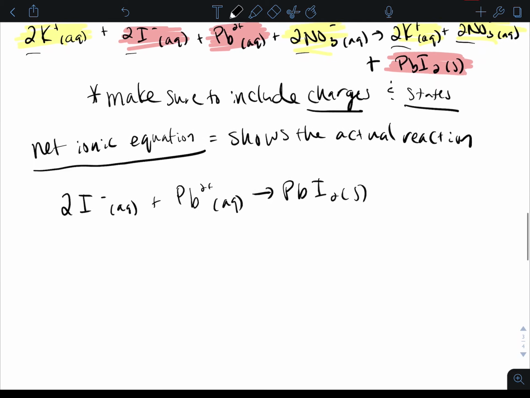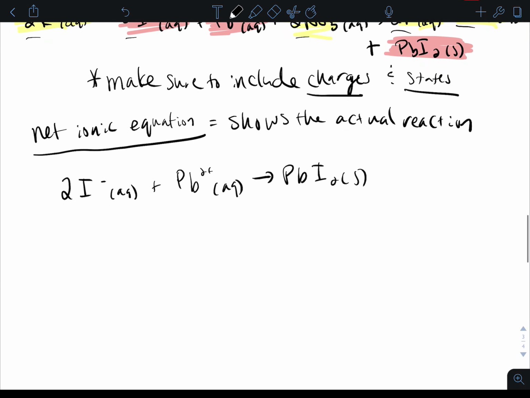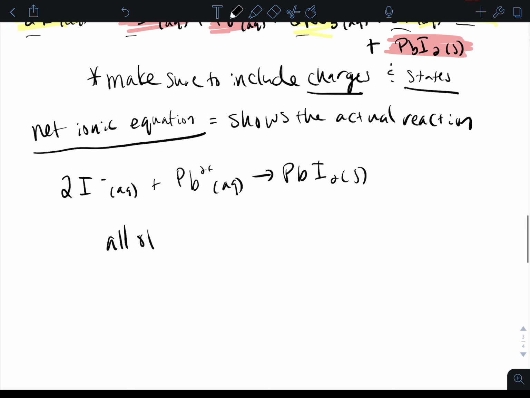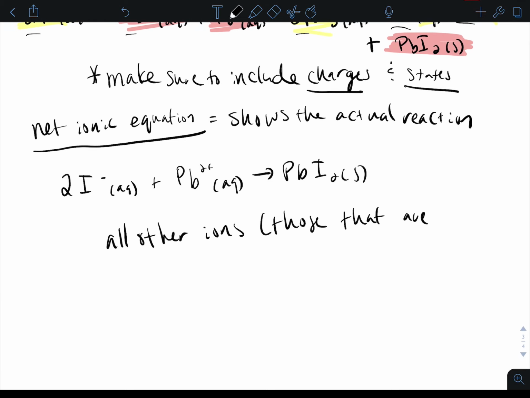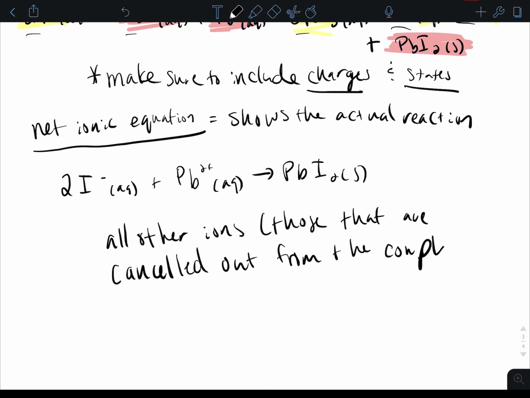Now, as a note, all other ions, those that are canceled out from the complete ionic equation, are considered spectator ions because they're not doing anything.